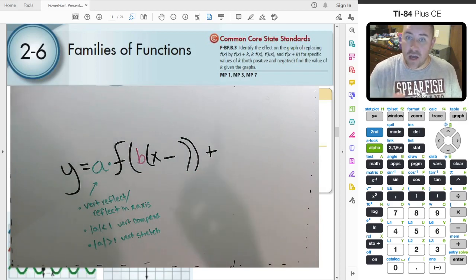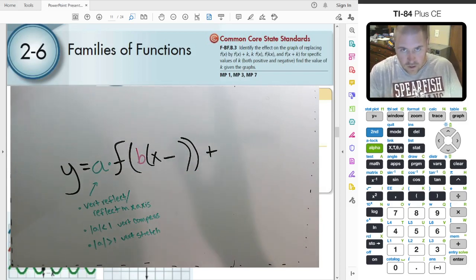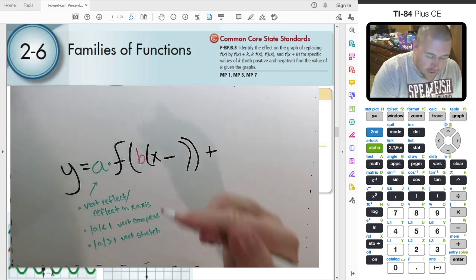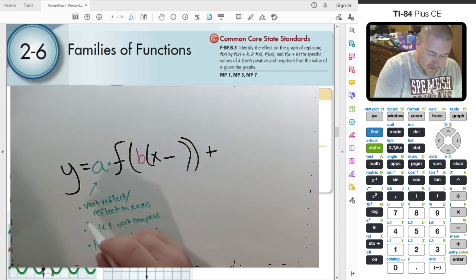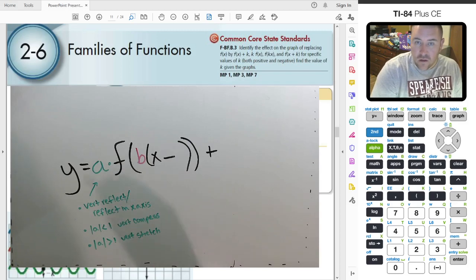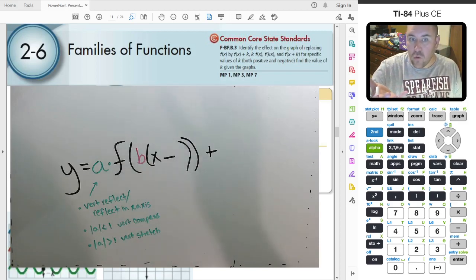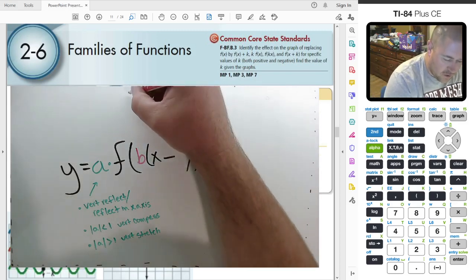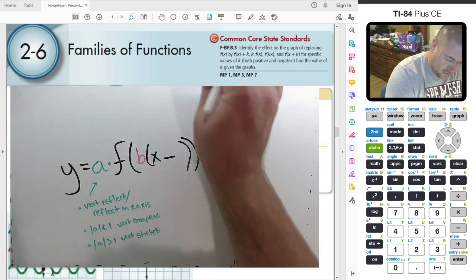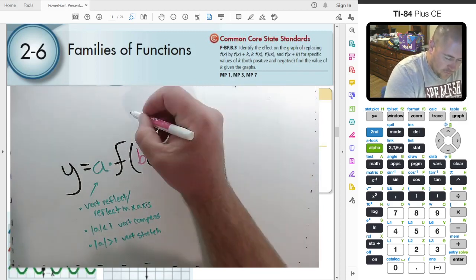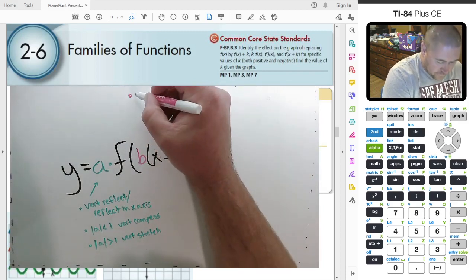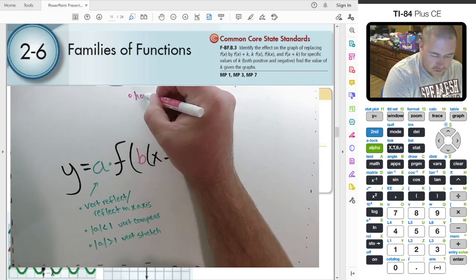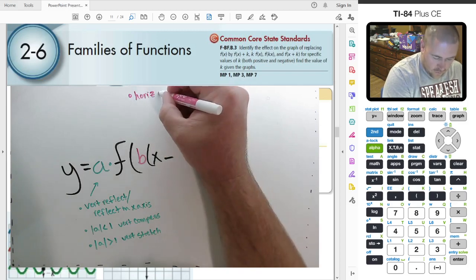Everything in here is going to have an opposite effect. And we'll get to it with the translations. But B is basically all this same stuff, but it's all for horizontal. And everything is flip-flopped. So here's what I mean. You're going to have horizontal reflection.